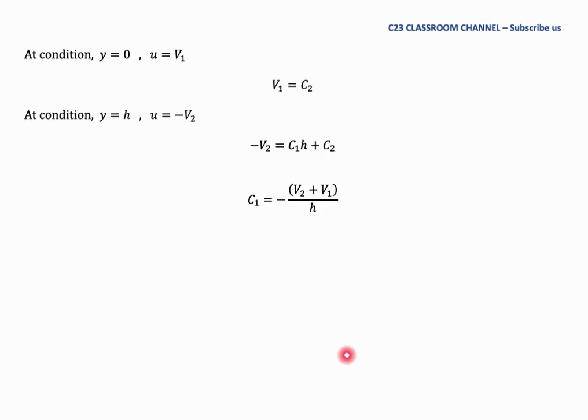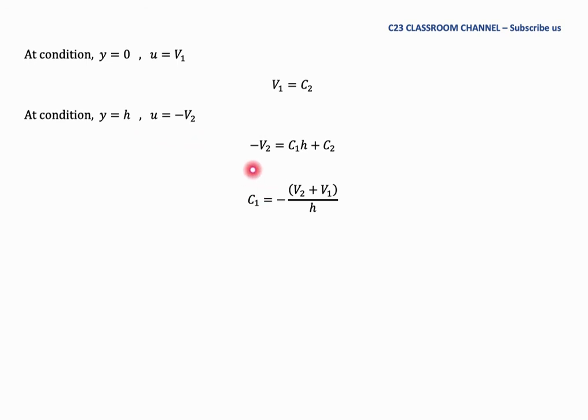What we need to do is substitute the boundary conditions into the equation. If we substitute y equal to 0 and u equal to v1, we get v1 equal to c2. Then we substitute boundary condition number 2, which is y equal to h and u equal to minus v2.